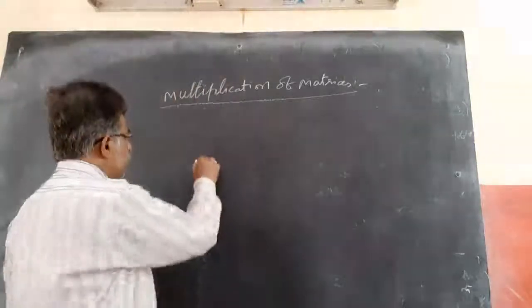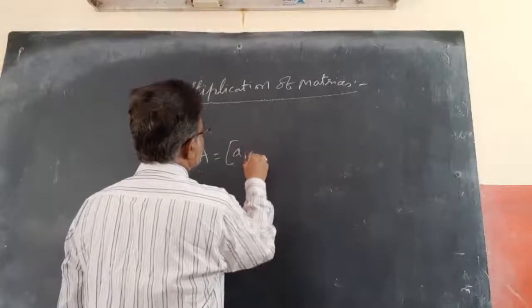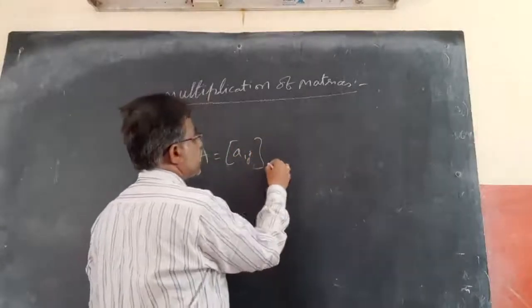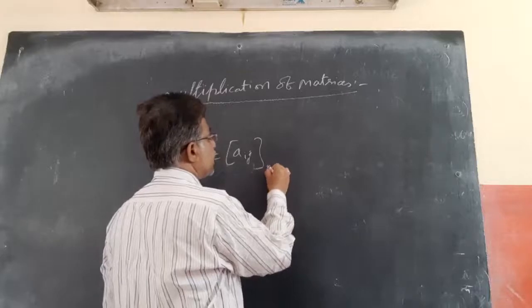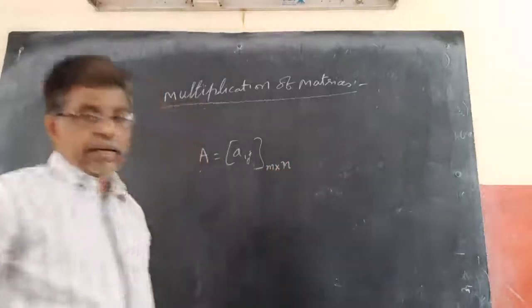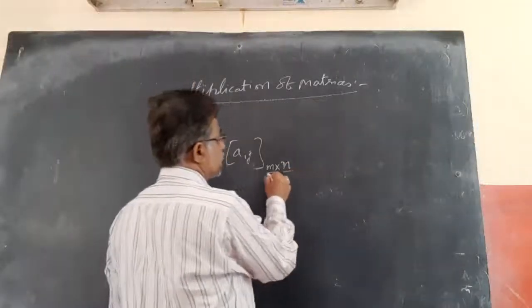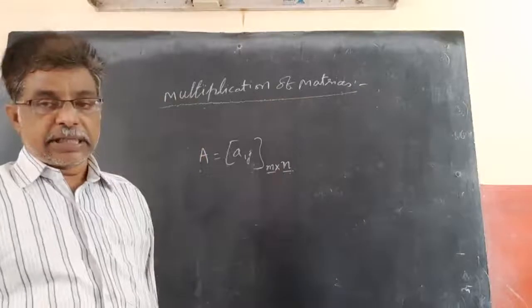For example, A = Aij is a matrix of the order m by n. M by n means m rows and n columns are there.